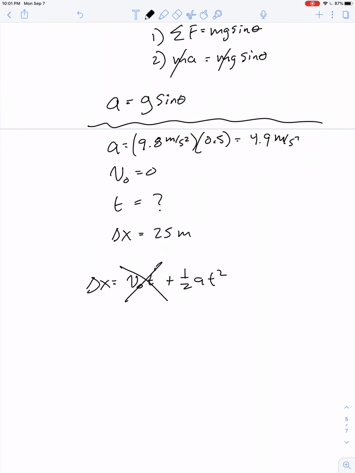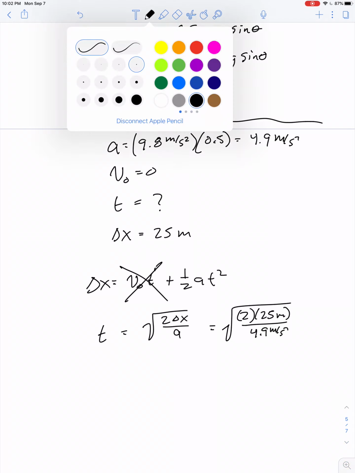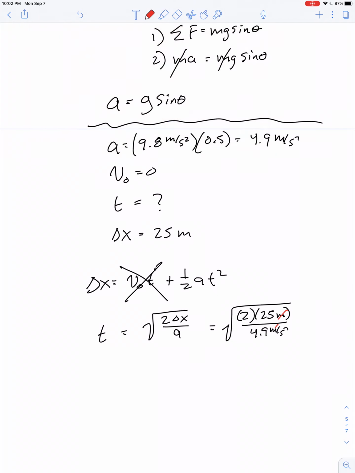And we do the algebra to rearrange for t. We get time is equal to the square root of 2 delta x over a. So we plug in the given values. This is the square root of 2 times 25 meters divided by 4.9 meters per second squared. Pay attention to the units, and the meters cancel out.